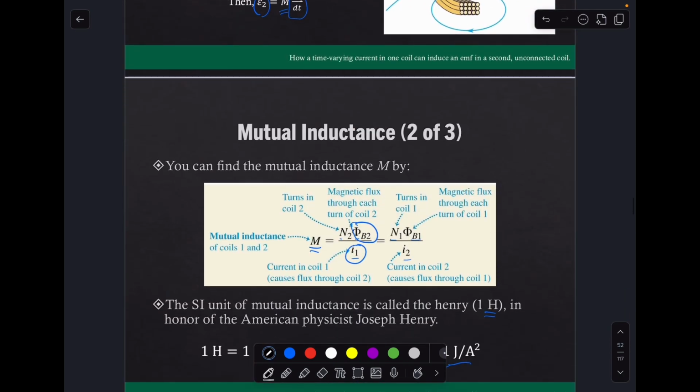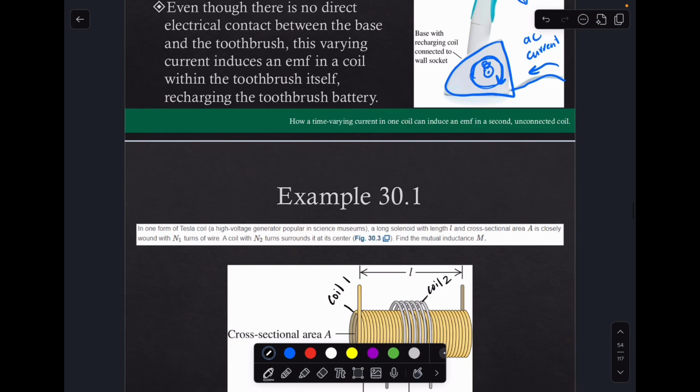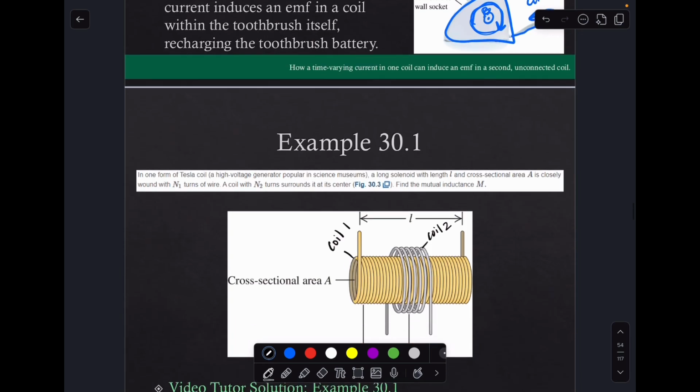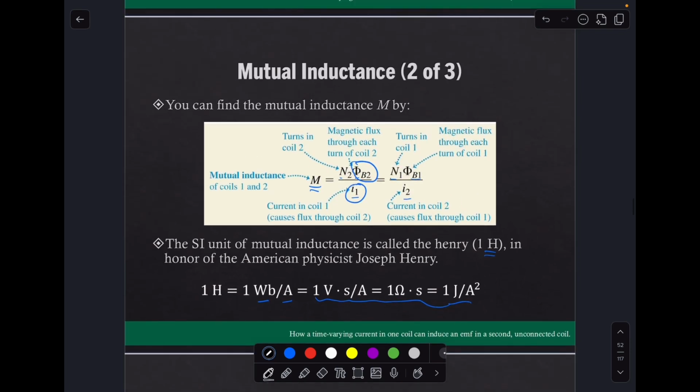Okay, so we can start this by applying one of these equations here. Let's go ahead and use either one of these. Well, which one do we have the most information on? Looks like we have the most information on coil 1, right? Because we have its area and its length. So let's use this guy.